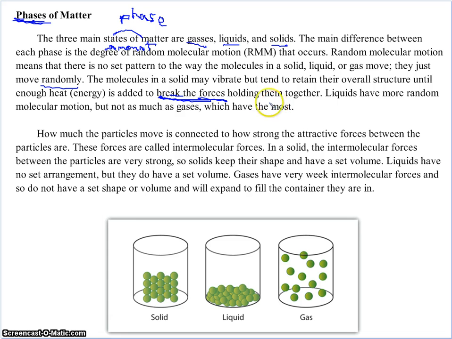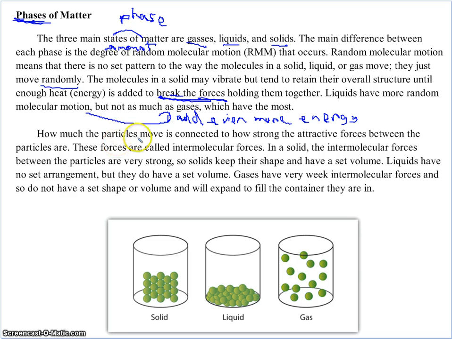So to melt, you've got to break those forces. Liquids have more random molecular motion, but not as much as gases, which have the most. So I'm assuming to go from liquid to gas, you have to add even more heat, or energy. I'll write energy. How much the particles move is connected to how strong the attractive forces between the particles are.